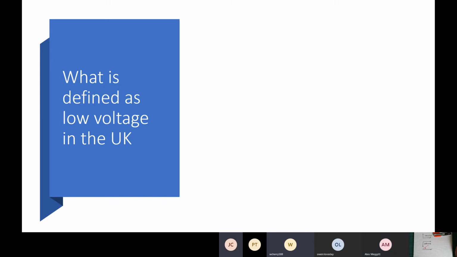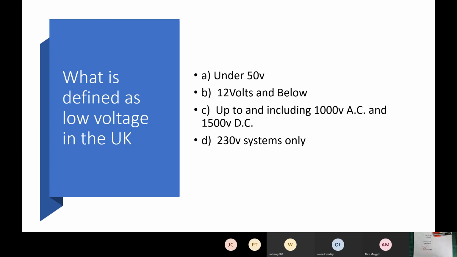Yeah, 1,000 volts, 1,500 volts DC. That's what we're trained to, isn't it? We're trained as low voltage electricians. What do you think, Owen? To be honest, I'm not really sure at what point you start to say it's high voltage. 1,000 volts AC sounds like a lot to me.